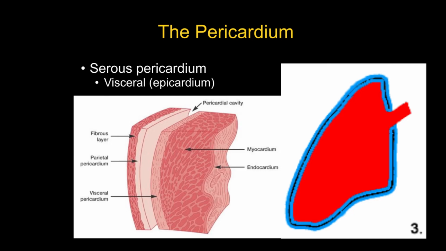So in this case, the visceral pericardium or epicardium is the one that is wrapped around the organ itself, the heart. Whereas the parietal serous pericardium is that outer membrane beneath the fibrous pericardium and adherent to the fibrous pericardium.